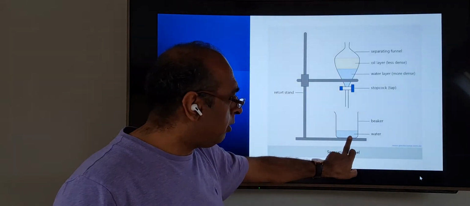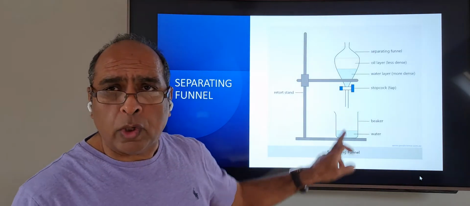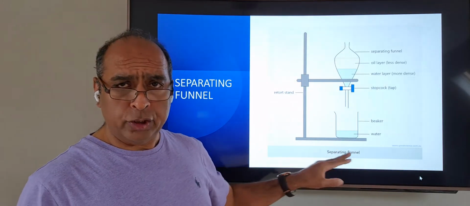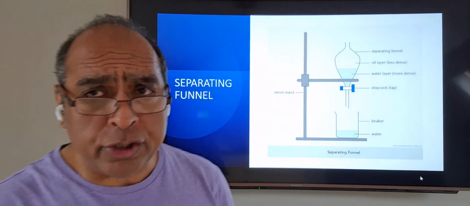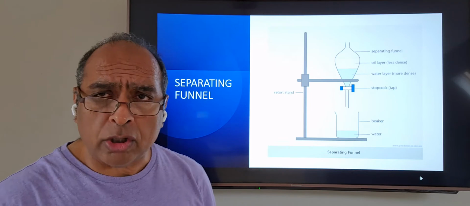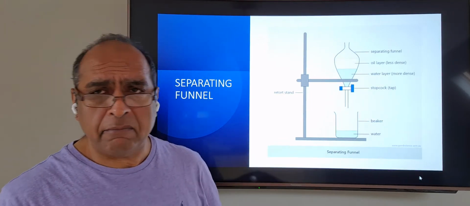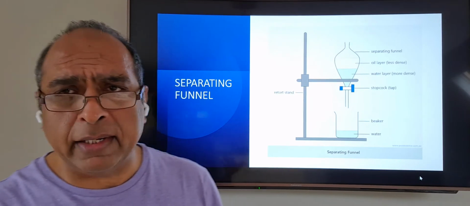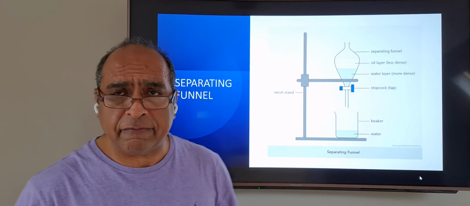Now, if you put a beaker underneath to collect whatever it is we're going to collect, then you use it like this. Specifically, I'm going to use the example of water and oil because that's the example they use most. I can't remember in my many years of teaching them in exams using anything different.